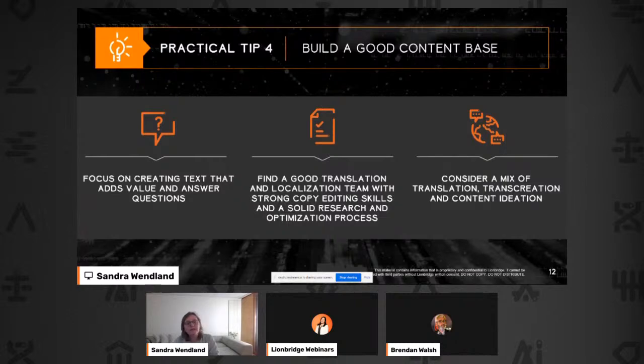And consider a mix of translation, transcreation, and content ideation for your website content. As we said, you don't need to content ideate everything, but there's many pages where it makes a lot of sense to invest more and create content in language.